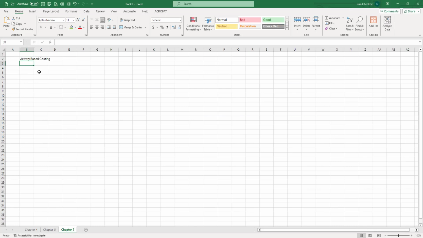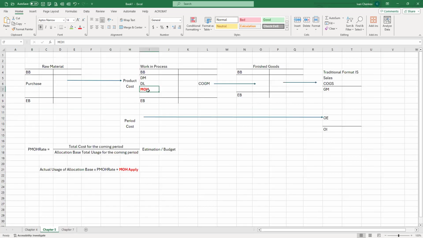Now, activity-based costing is again trying to properly allocate manufacturing overhead based on how much of those costs, which are part of the manufacturing overhead and the period cost, are related to our product.